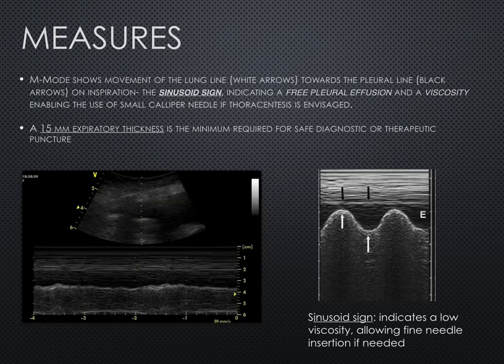There are some common measurements that we can look at, and it gives you here an indication that if we were to measure that movement of the sinusoidal sign, a 15 millimeter expiratory thickness is the minimum that we would consider for a diagnostic puncture, so that we could safely aspirate some of that fluid.